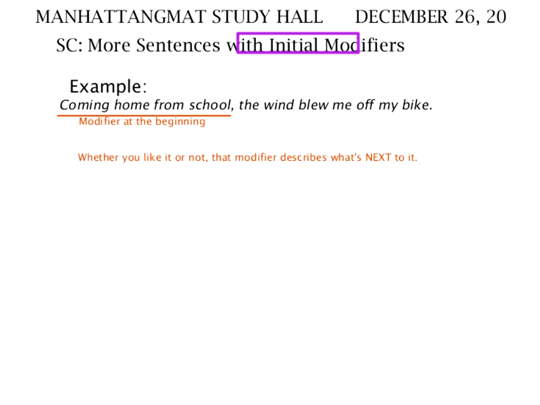The obvious intended meaning of this sentence is that I was on my way home from school when the wind knocked me off my bike. But unfortunately, according to this sentence, the wind was the thing that was coming home from school. So it doesn't make any sense. Does the wind go to school? No, it doesn't. So, wrong.